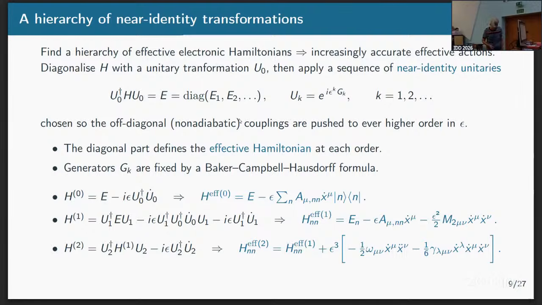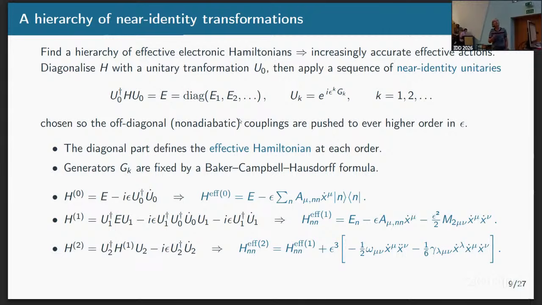Okay. So I told you that what we want to do is to find the effective electronic Hamiltonians that will help us determine the effective action for the nuclei. And you can construct this effective Hamiltonian order by order in the adiabatic parameter epsilon by applying a series of unitary transformations.